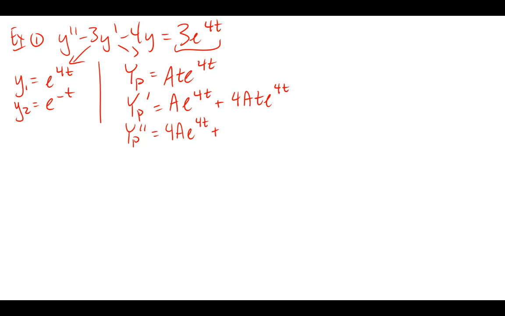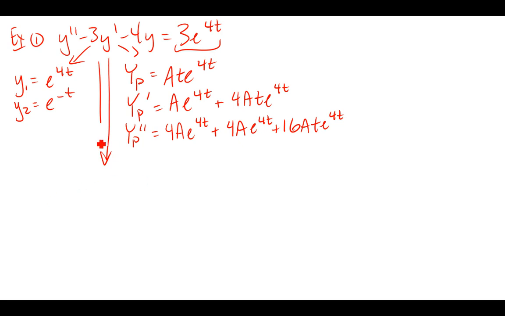If I do the derivative here, I think you get 4a e to the 4t. And on the other one, I think you get 16a t e to the 4t. Okay, so it's not my favorite thing in the world, but all right, fine. So those are my derivatives. So let's plug them into the ODE, and we'll see what we get.